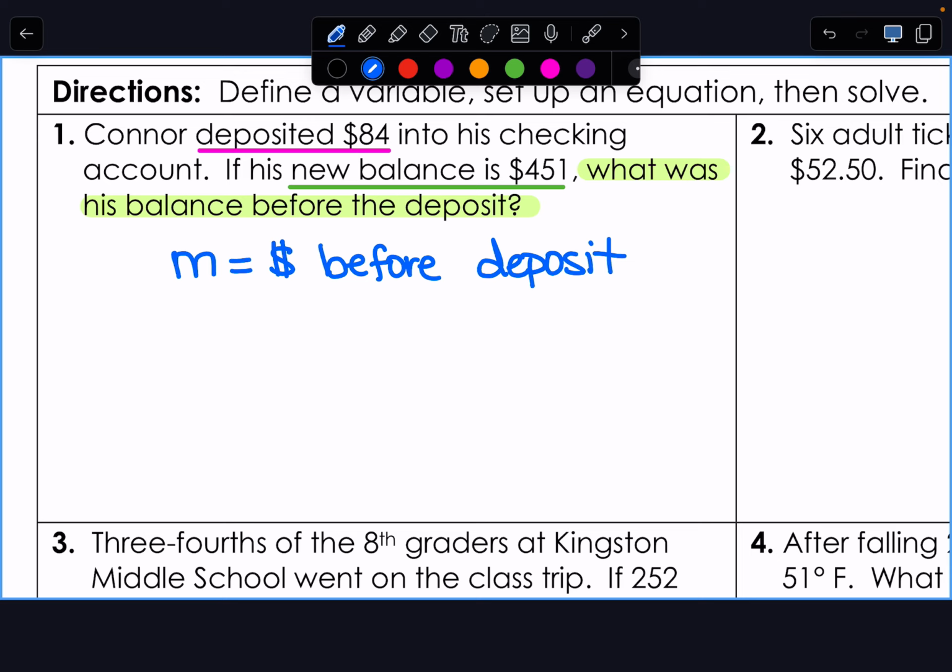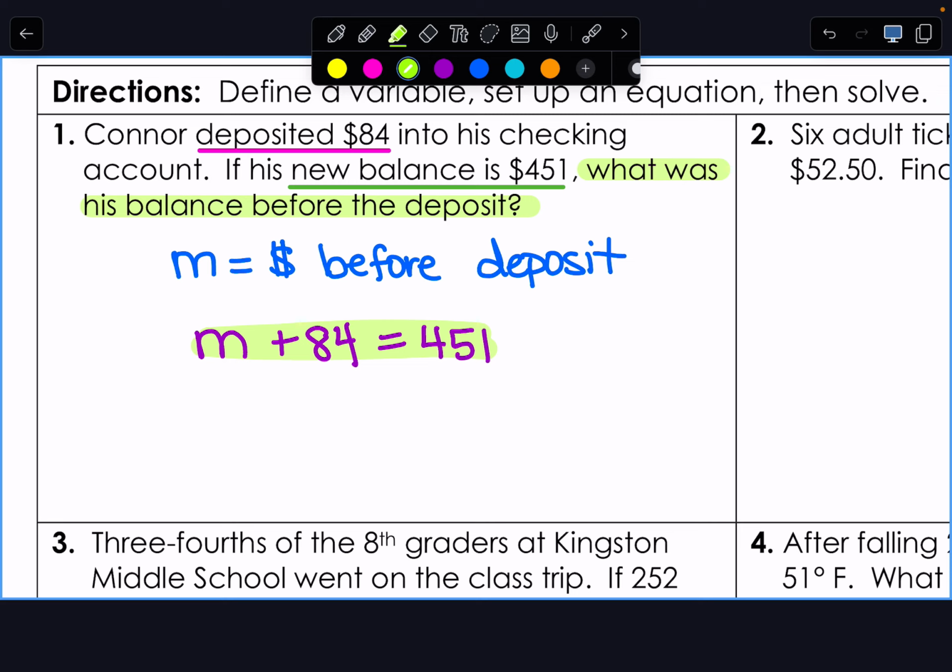Number 2, I am looking for your equation. We have money. We deposit $84, so I'm going to add $84. And now my balance is $451. I need to see the equation. Right now, you've shown me you're pretty good at solving these equations.